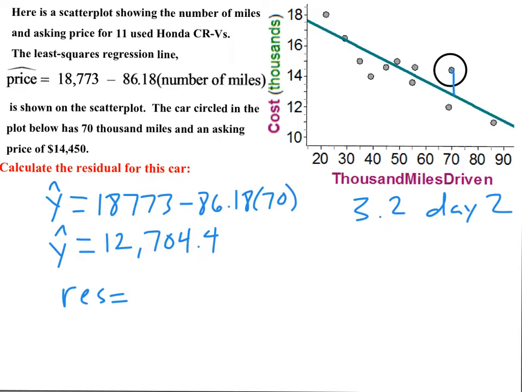Now the other residual we did in lesson 1 was right here. You might remember that one was negative 295.9, which told us that our line over-predicted the price by about $295. This one is a very different story.